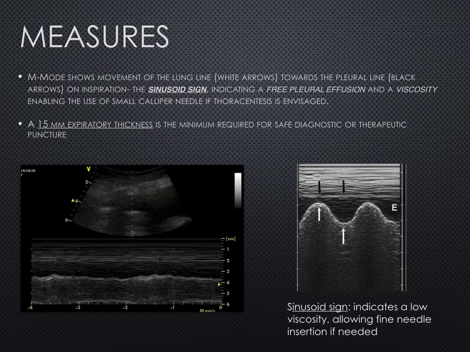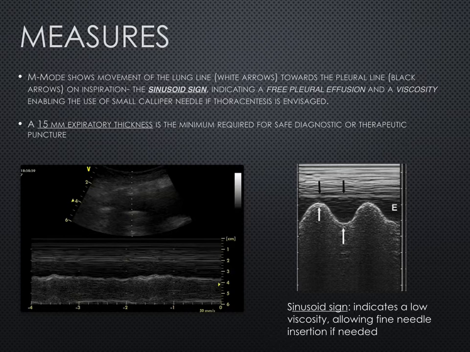So in order to do this, we would need to place the probe that we're using, whether that's a linear probe or a curvilinear probe, to visualize that pleural line, because what we're really looking at here is the movement of that lung tissue and how freely that lung is moving within that fluid, to give us an interpretation of how dense or how viscous that fluid is.